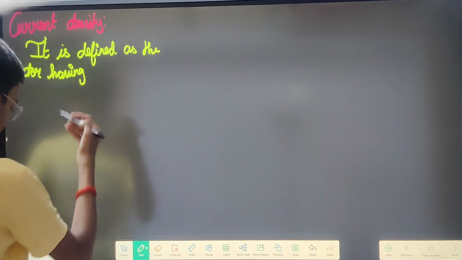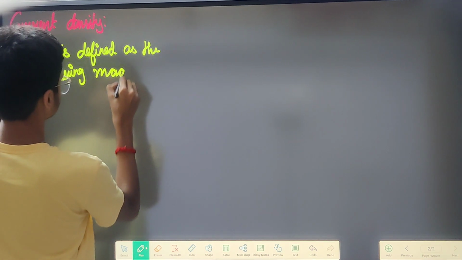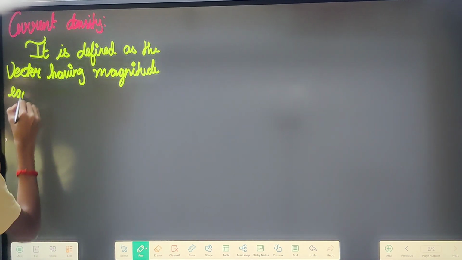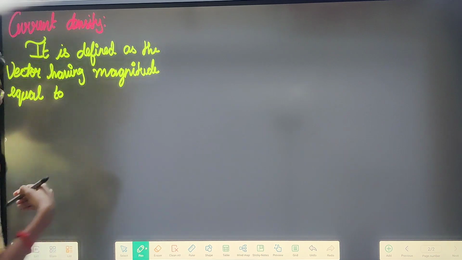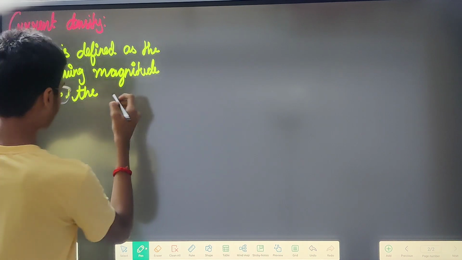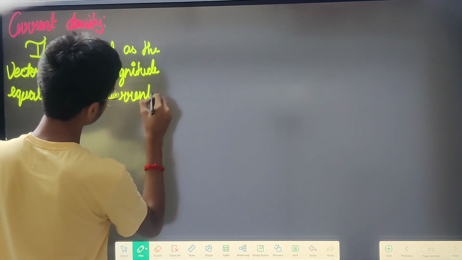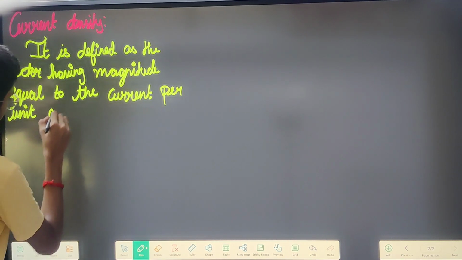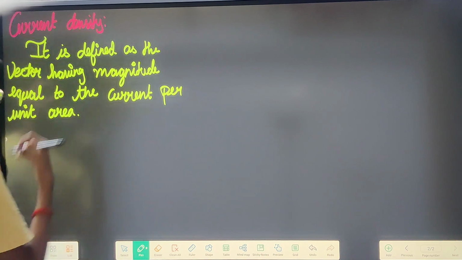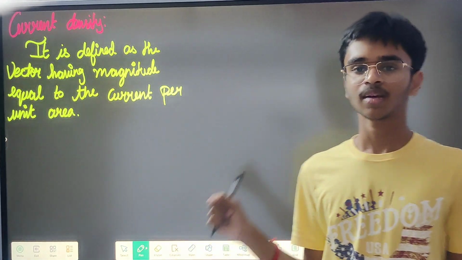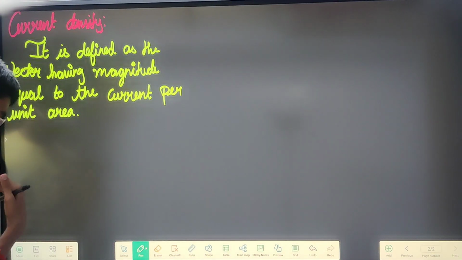So the direction of current density is the direction of electric current.